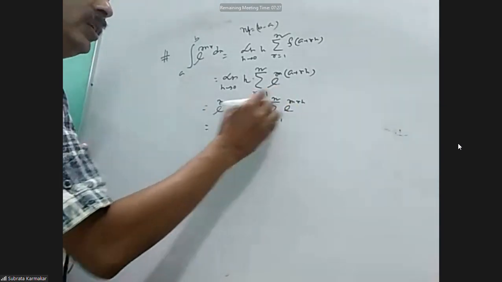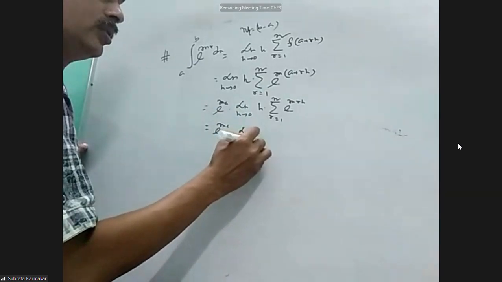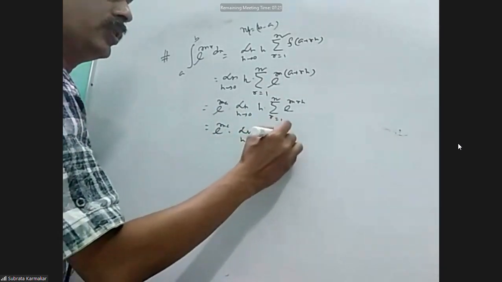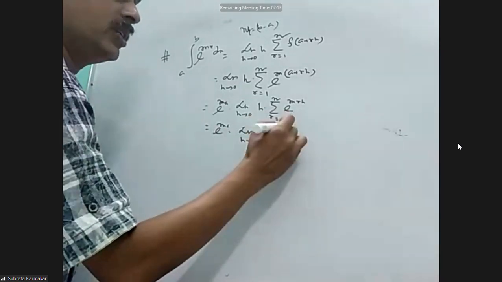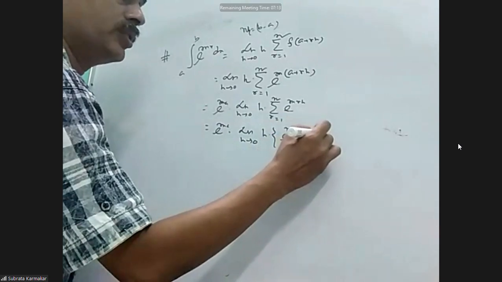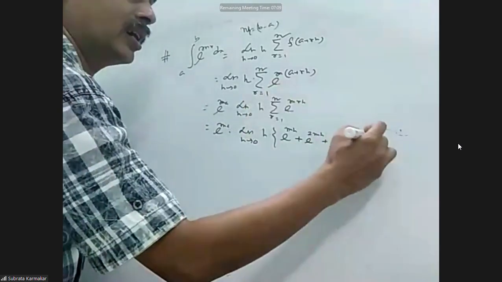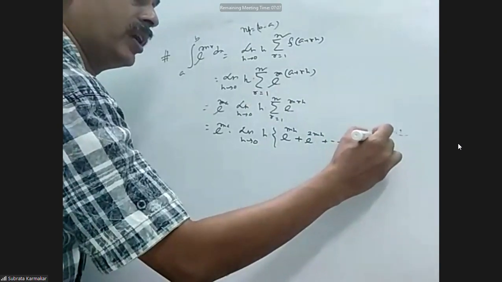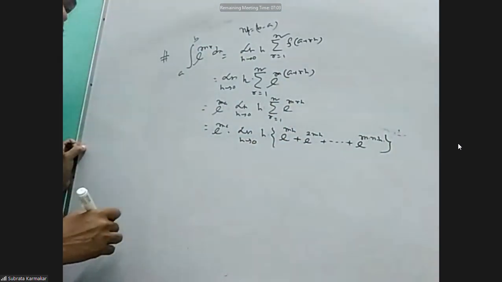So once you put the value, e to the power ma limit h tends to 0, h into within bracket: r equals 1 means e to the power mh, then e to the power 2mh plus dot dot, e to the power mnh when r is n, the last term.